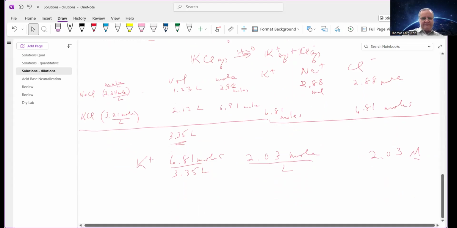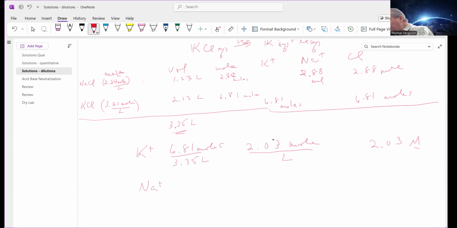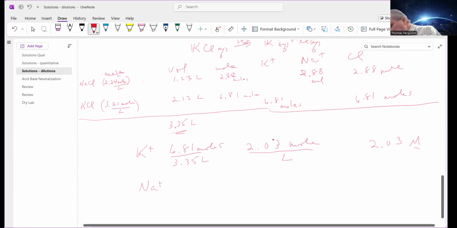What about for sodium? We do the same calculation for sodium. And sodium is going to be 288.